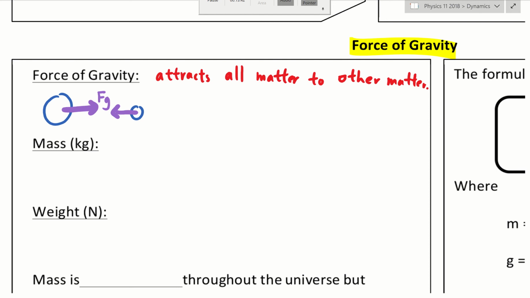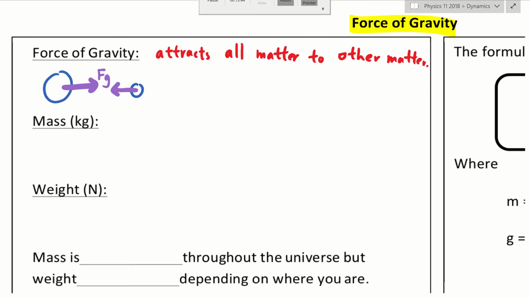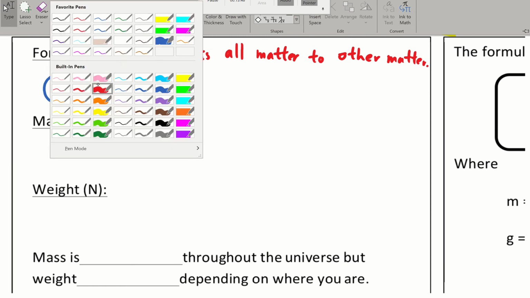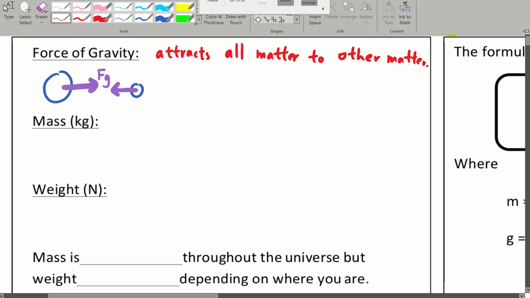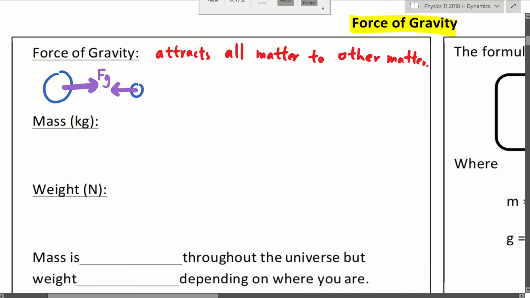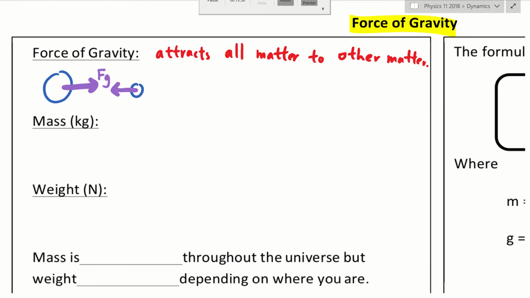Now, you might say at this point, Mr. Chang, that's not true. I've never felt myself attracted to a pencil. The pencil is on the table, it's not jumping to me. How can you say that I'm attracted to the pencil? Yes, you are.